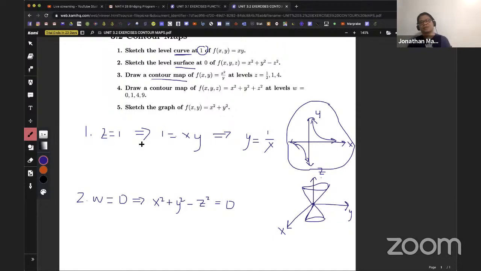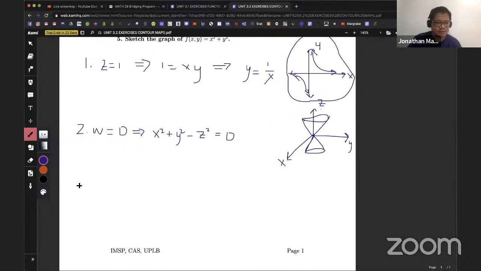Pagsasama-samahin niyo lang naman yung mga level curves or level surface on one system or one space, then that will be your contour map. Okay? So for item number 5, sketch the graph of f of xy equals x squared plus y squared. Or we have z equals x squared plus y squared.